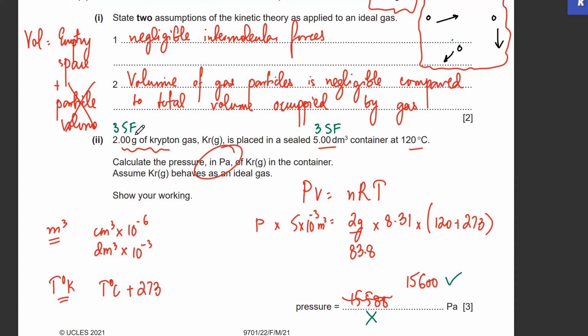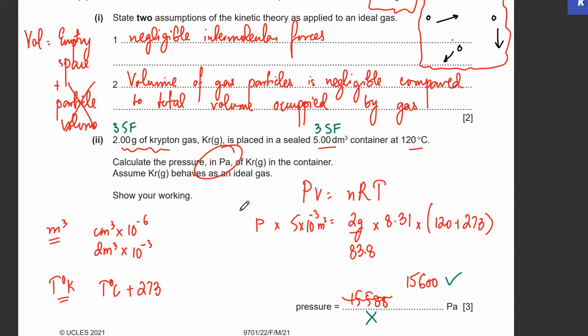And the reason is accuracy. 2.00 means that he doesn't know what comes after this second decimal place. So that represents accuracy. And 5.00 means, so that means if the original values are accurate up till 3 significant figures, your answer cannot exceed that accuracy.